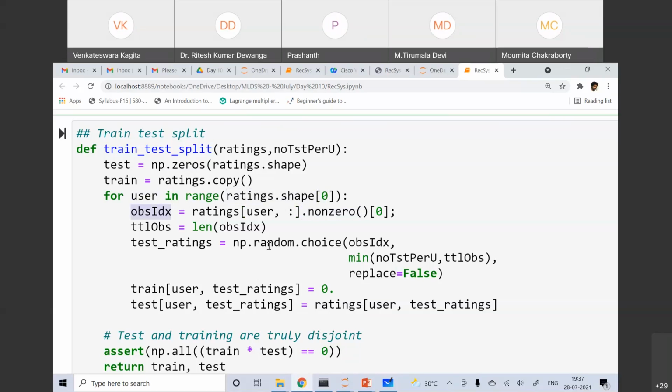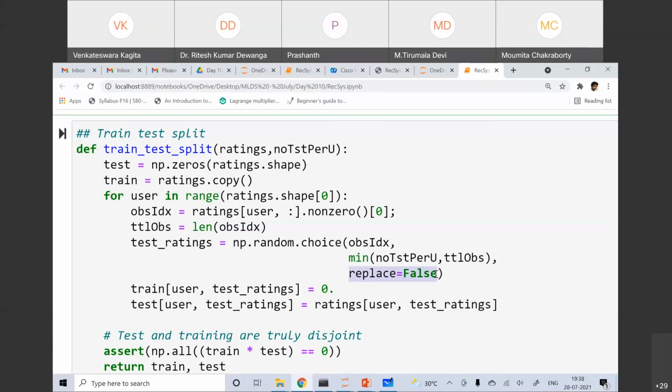Once we get them, we are taking a choice of number of test instances or total number of observed items, whichever is minimum. So we are selecting that many instances. Replace equal to false means random sampling without replacement. If you specify replace equal to true, it means random sampling with replacement.